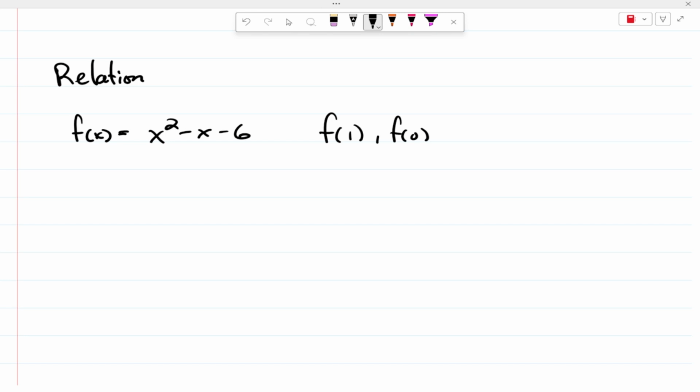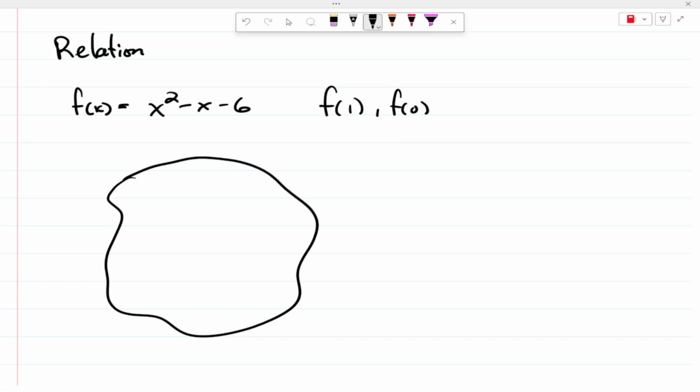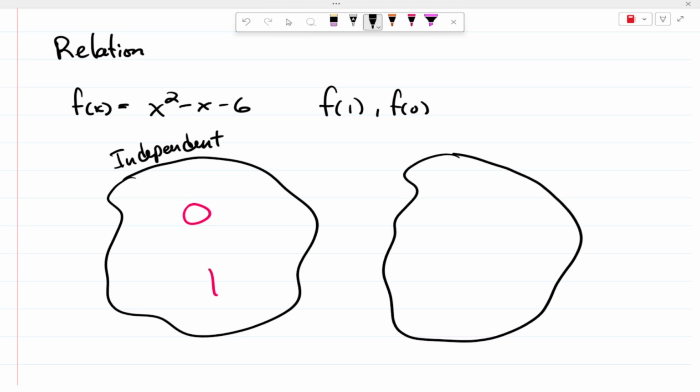Well, what I'm really saying here goes all the way back to that basic definition of a function. We have a set of our independent variables. In this case, they're going to be the numbers 0 and 1. Well, we want to know what are the corresponding dependent values.